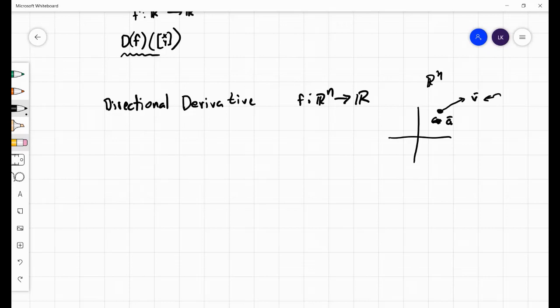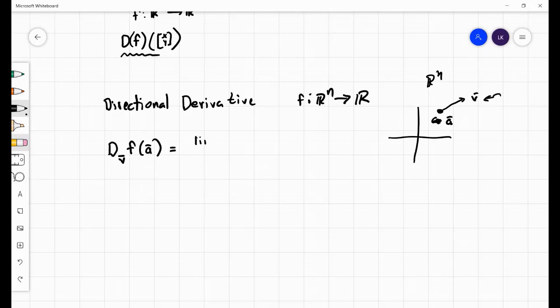You want to know the rate of change of the function in that direction. Okay. You want to know the directional derivative. So we write the derivative of the function at point A as we head in the direction of vector v.